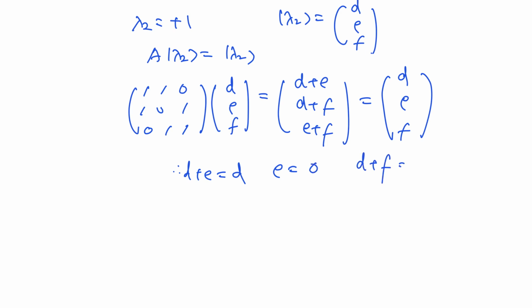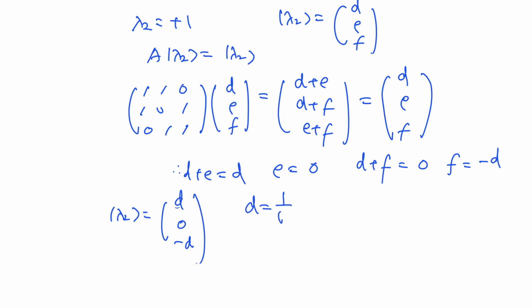D plus F is equal to 0, so F is minus D, right? So the eigenvector is D, 0, minus D, right? So D must be 1 over square root of 2. The eigenvector for lambda 2 is 1 over square root of 2 times 1, 0, minus 1.